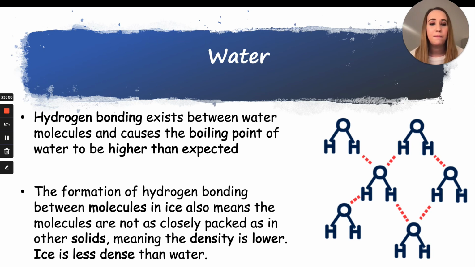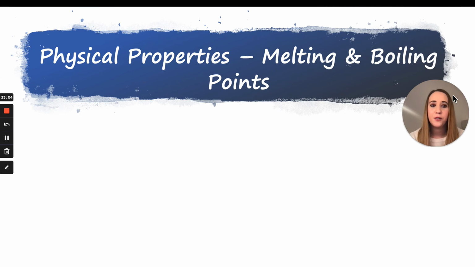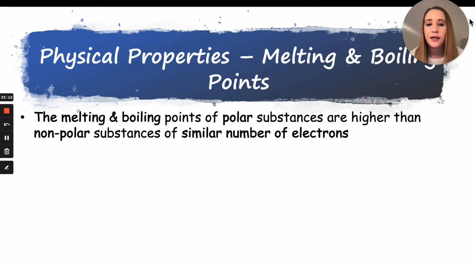So there's a few different properties we should be able to do this for. The first of which is melting and boiling points. This is mostly based on the polarity of your substance. You don't really get asked this for ionic substances. They have high melting and boiling points anyway. What you'll get asked about is to compare different molecular substances.